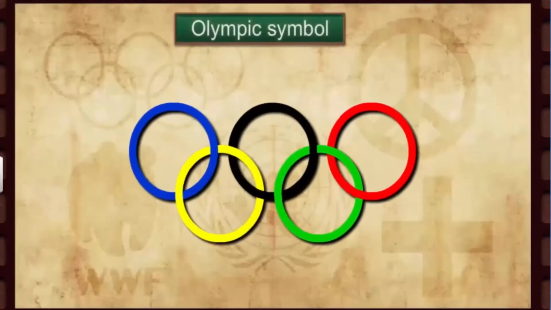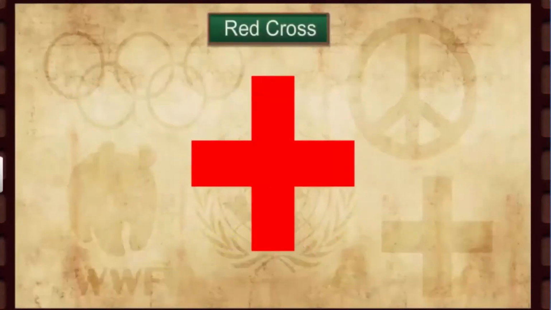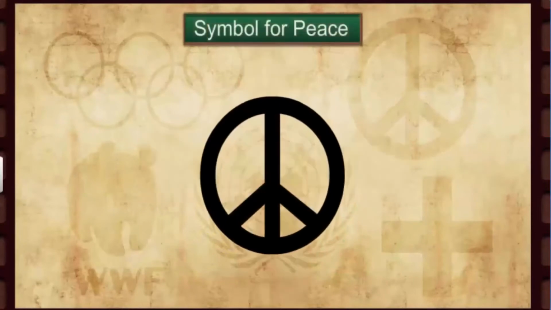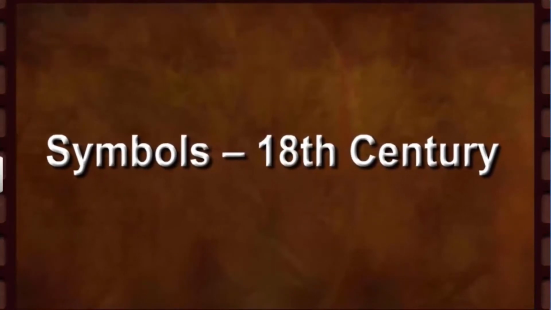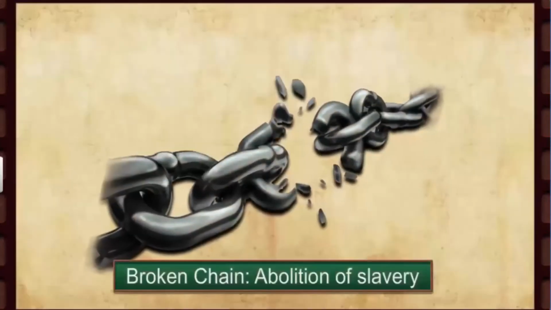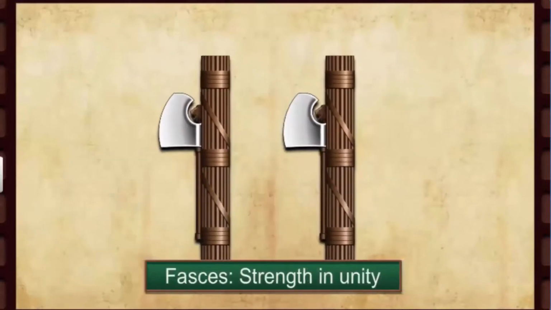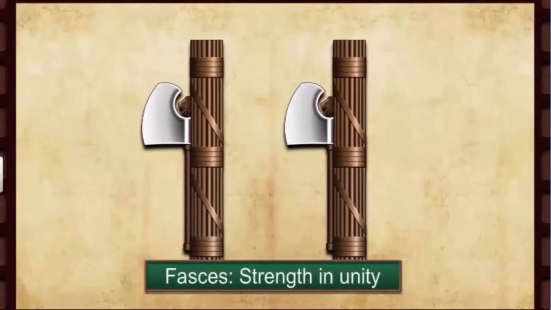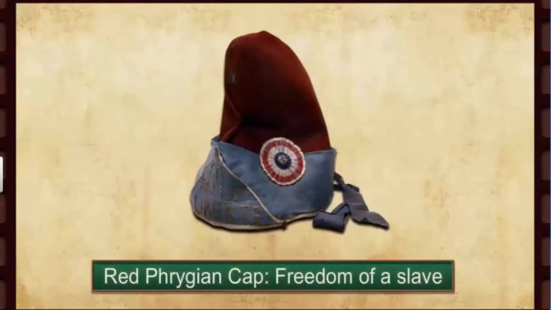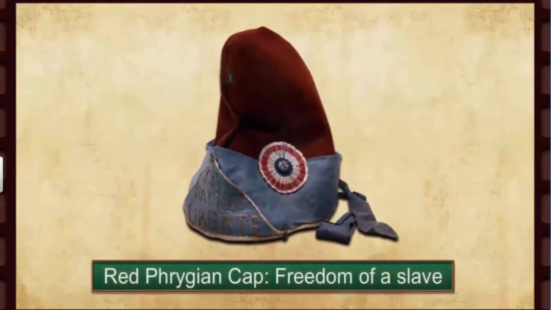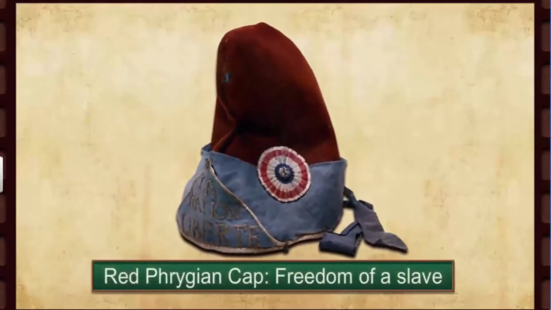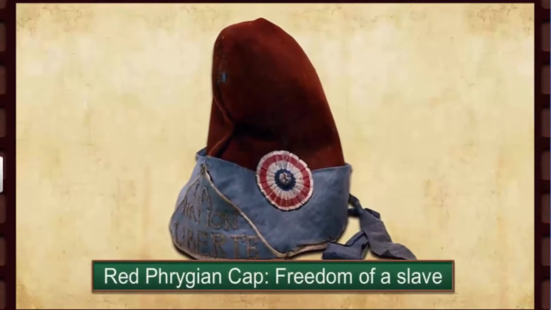Here are some symbols that all of us come across every day. During the 18th and the 19th centuries, several symbols were used by artists and revolutionaries to depict abstract concepts. These symbols were usually popular images from everyday life that uneducated masses could easily identify with.